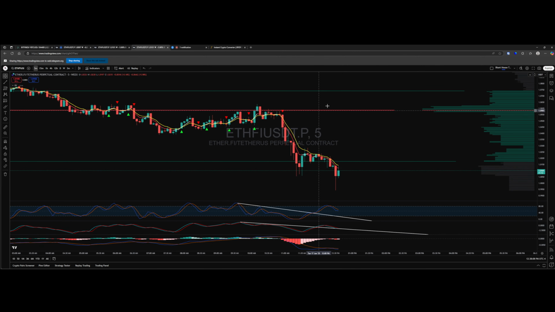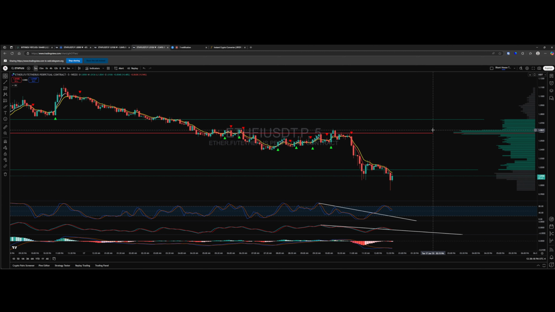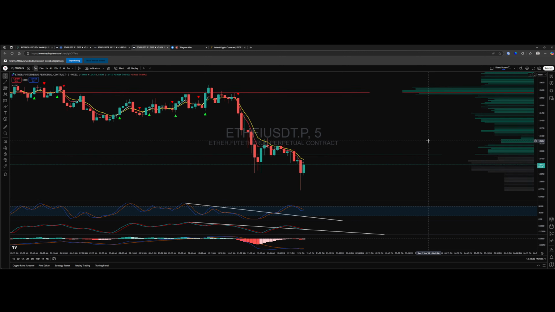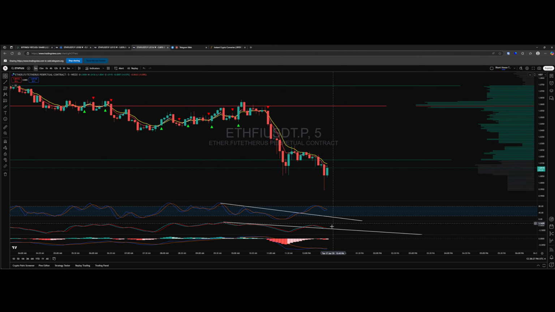And then price followed. And it fell right off the volume profile and consolidated for a while right back at the lower value range, and hasn't been able to break the downtrend on this 5-minute chart. All we're doing is just following along, right?